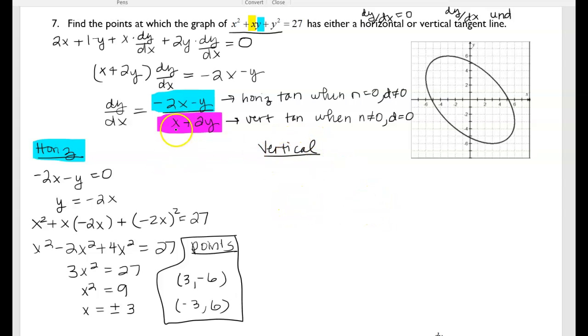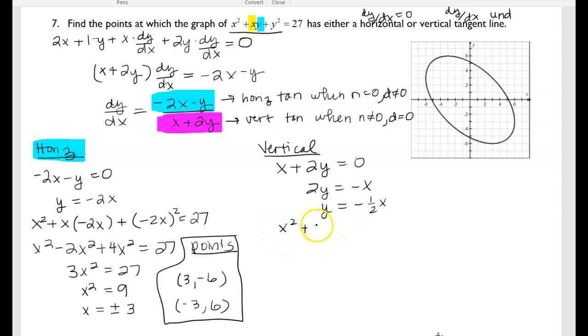So for the vertical tangent lines, I'm going to set the denominator equal to 0, x plus 2y equals 0. So I get 2y equals negative x, so y is negative x over 2, or negative 1/2 x. Again, I'm going to plug in for y in my original equation.